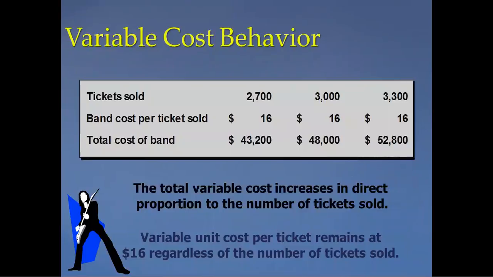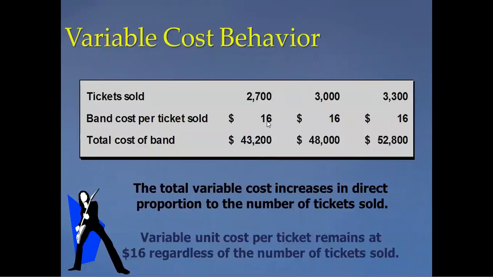So in this example here, instead of paying the band a $48,000 flat fee, what if the band was paid based on the number of tickets sold? So you tell the band, we'll pay you $16 for each ticket sold. So the more tickets that get sold, the higher the cost of the band.